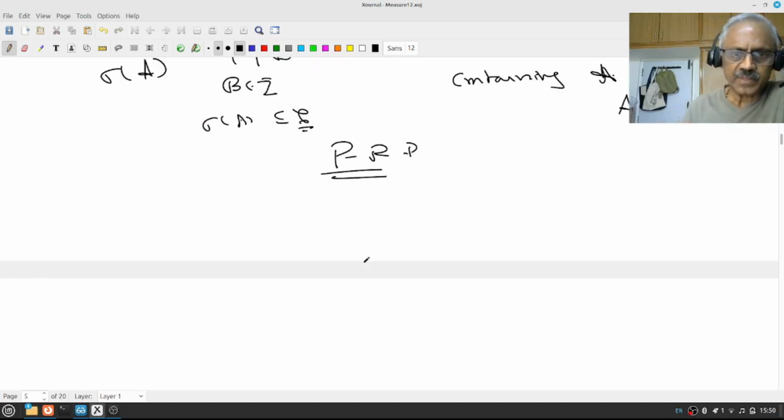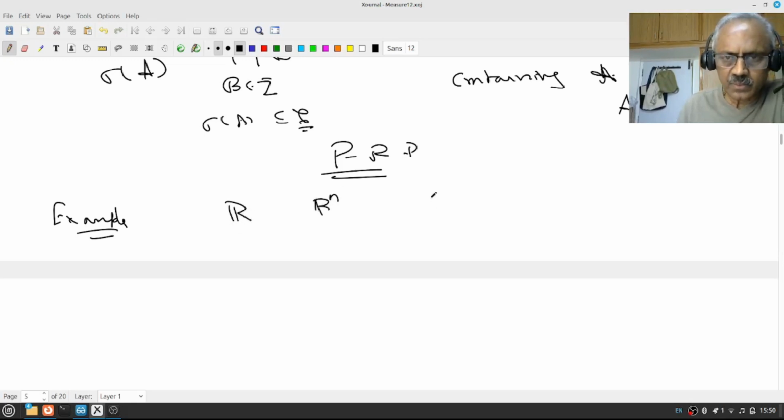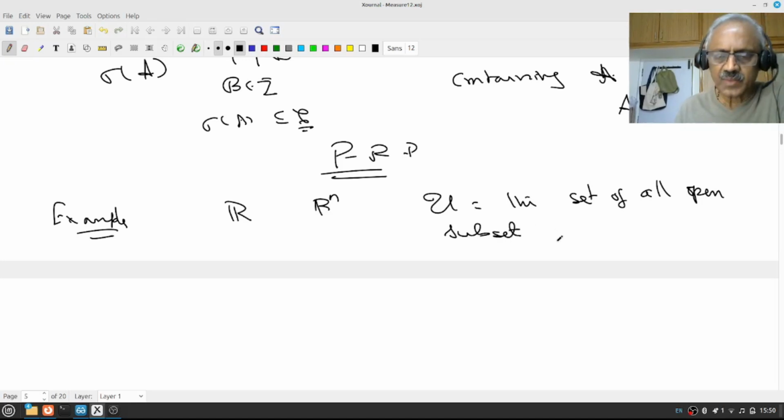This is going to play an important role. An important example for us is the following. Let us look at R or Rn. Let U be the set of all open subsets, that is, the class of all open subsets in R or Rn. This is your A now.